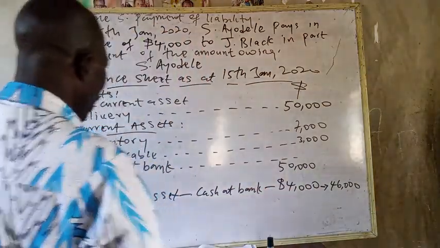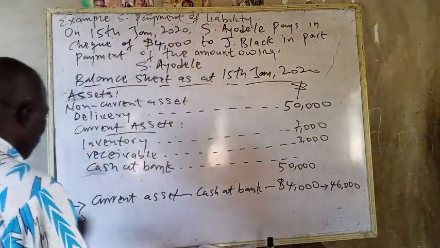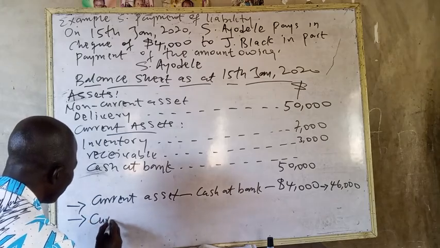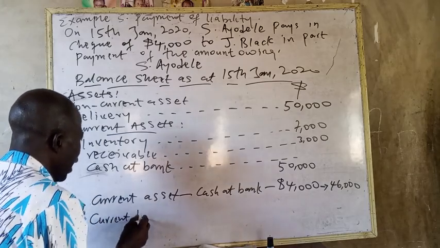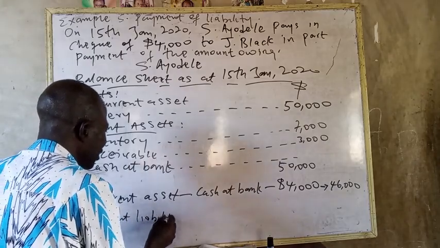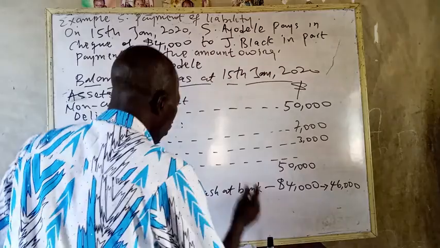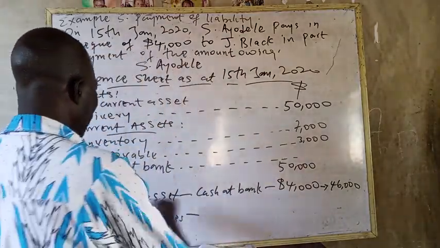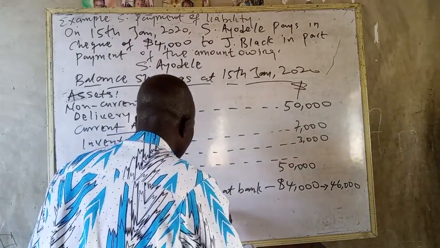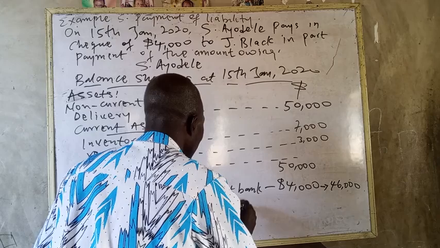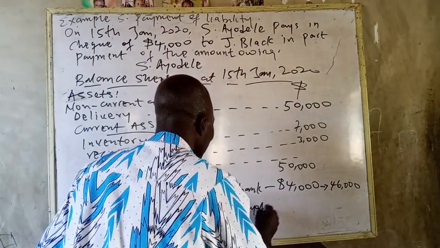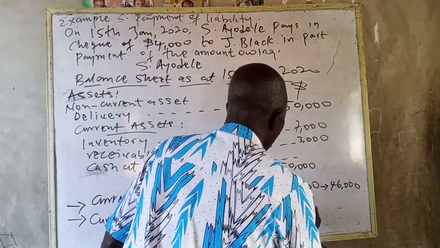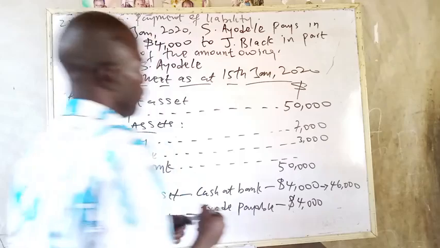So we are going to pay this 4,000 to whom? To current liabilities, and what represents this under current liabilities is trade payables. That is 4,000 naira.